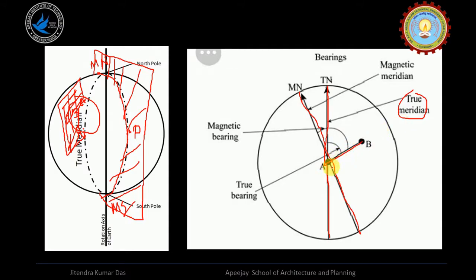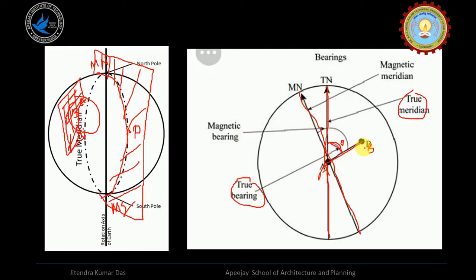There is a line AB, and if we would like to know the true bearing of this line, we calculate the angle of this line with respect to a plane which is the true meridian. This angle, here theta, is our true bearing.